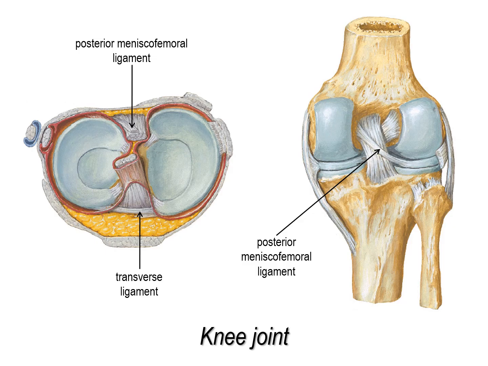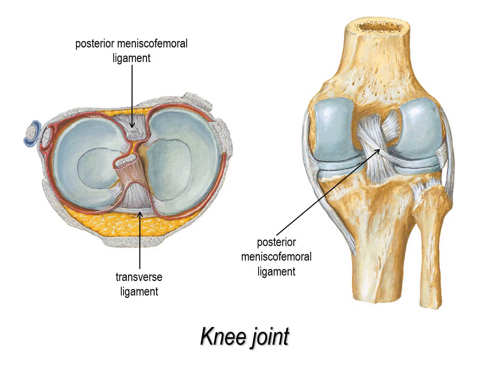The anterior meniscofemoral ligament passes in front of the posterior cruciate ligament, while the posterior meniscofemoral ligament passes behind the posterior cruciate ligament. These ligaments play an important role in regulating the movements of the lateral meniscus during the extension of the knee joint.